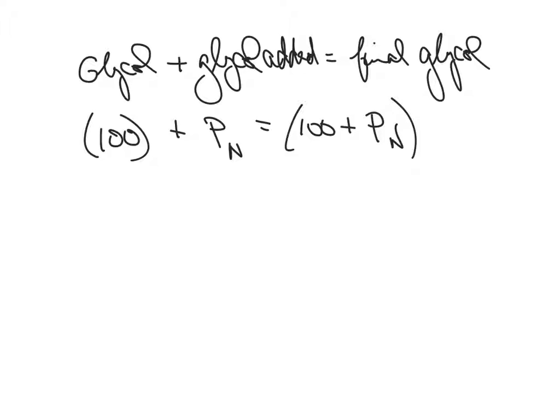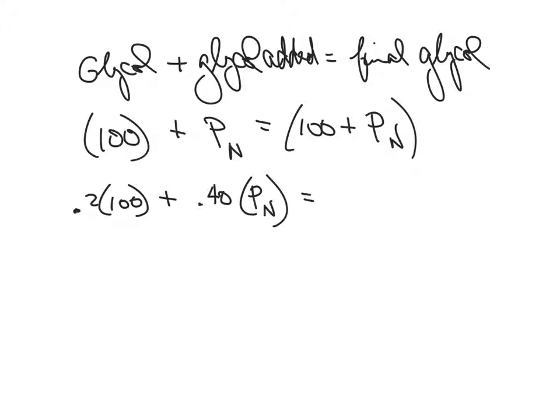Now we just stick in the percentages. We started with 20%. We are adding a 40% solution. If we were doing 100%, that would be a 1, but since it's 40%, we're adding 0.4.